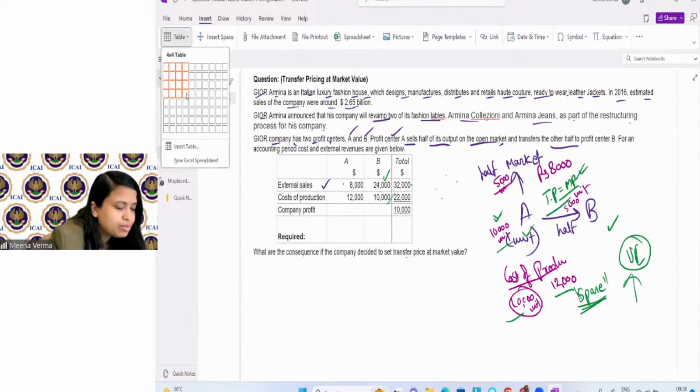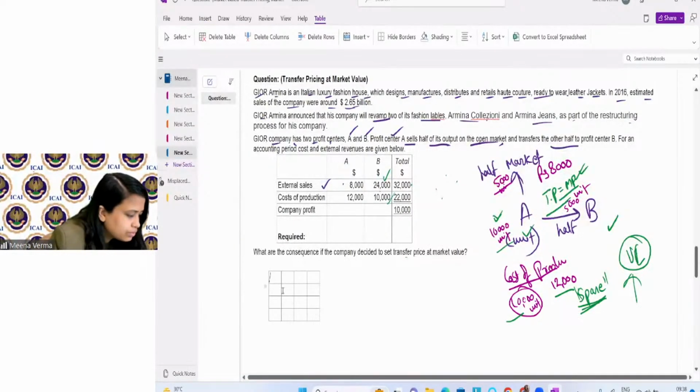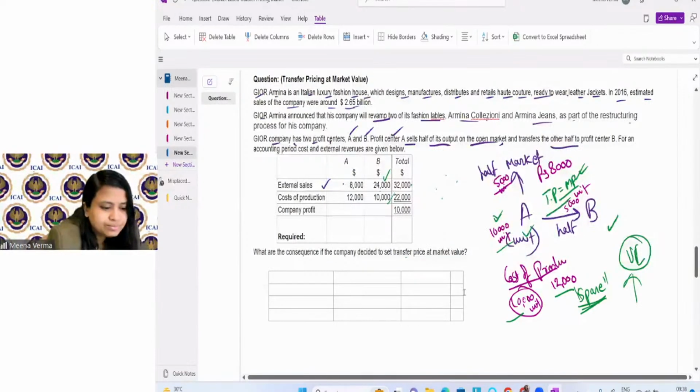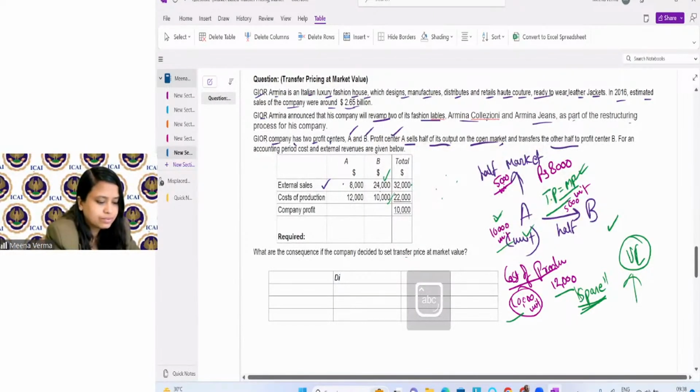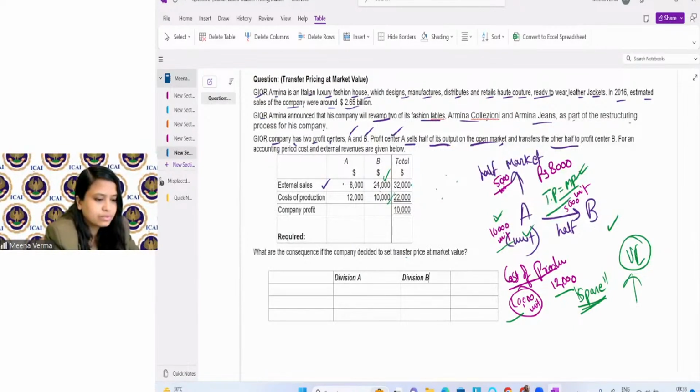I'll be making a table that will be easy for us to solve. So what is happening here? We will see division A, and we have division B, and sale value.